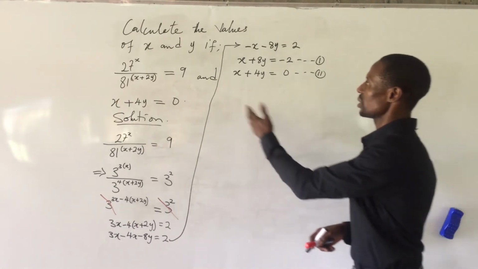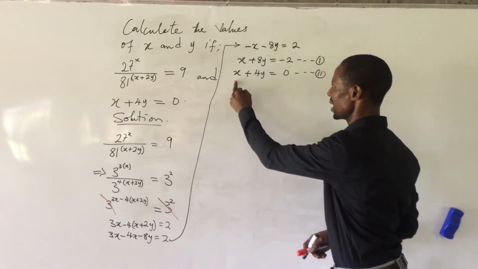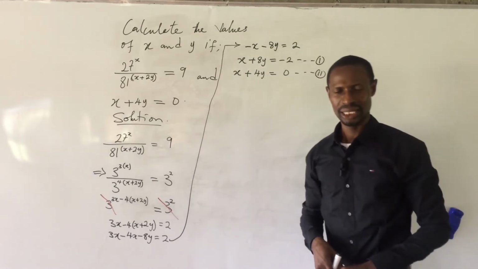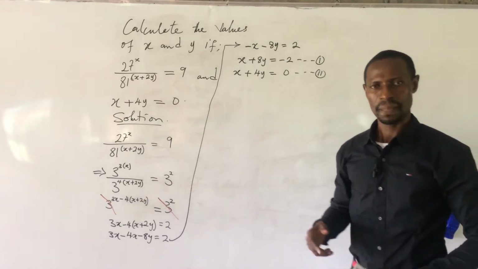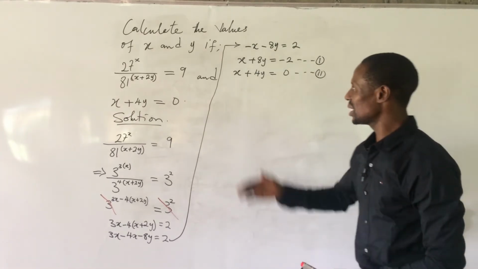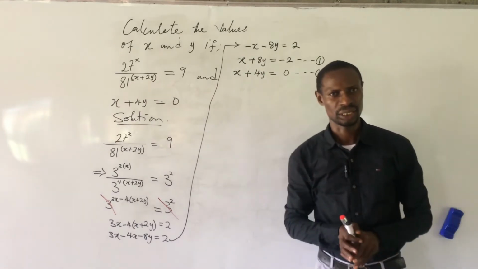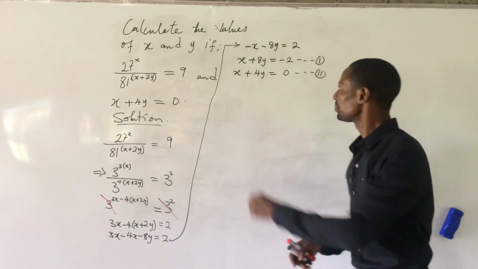Now, taking a good look at this, here the coefficient of x is 1, the coefficient of x here is also 1. So now that they are both unity, we can either add or subtract. But here we are to subtract. Now, what are the conditions for whether to add or to subtract?